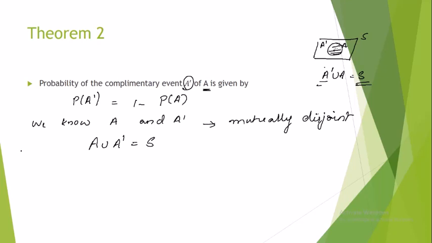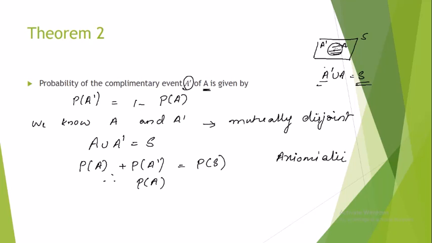Now by taking probability, what will you get? Let's have a look. Probability of A plus probability of A complement is equal to probability of S. And what is probability of S? From the axiomatic definition of probability and the three axioms, probability of S is equal to 1.